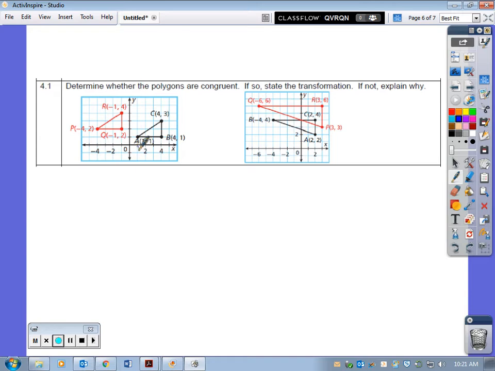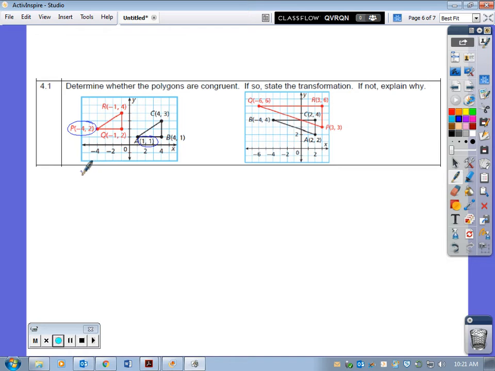Okay, so let's take a look at the first one here. So our A is 1, 1. Okay. So from there, we need to figure out, well, what did we do with this point to get it over here? Just looking at these, it doesn't look like they've turned at all, and it doesn't look like they flipped at all. So it's probably going to be a translation, a slide. So let's figure out how far it had to slide.